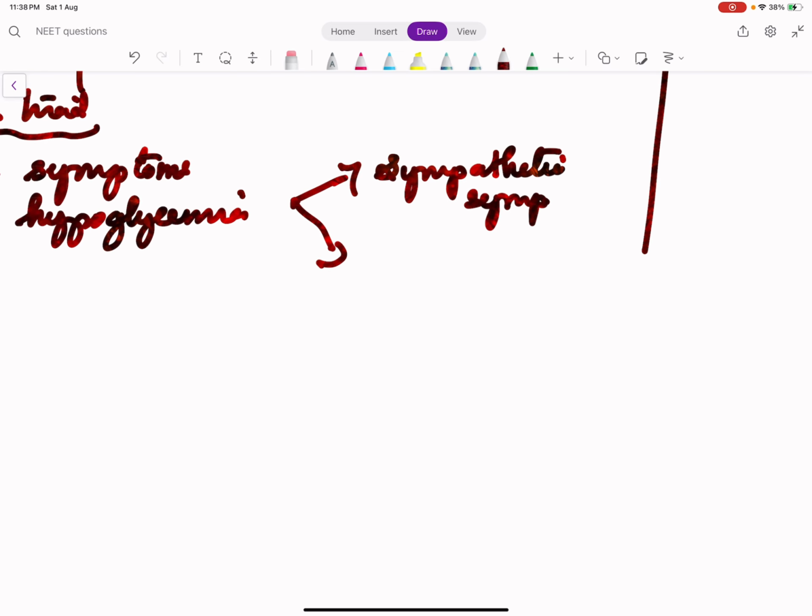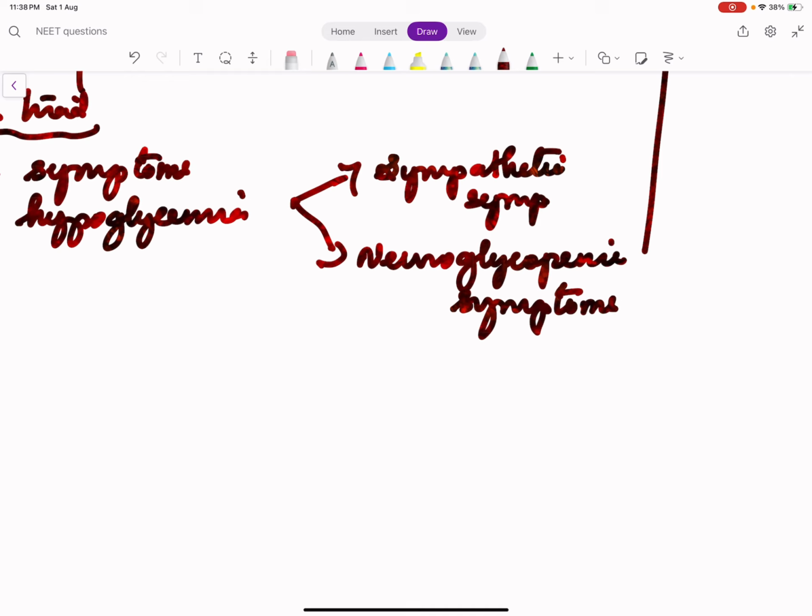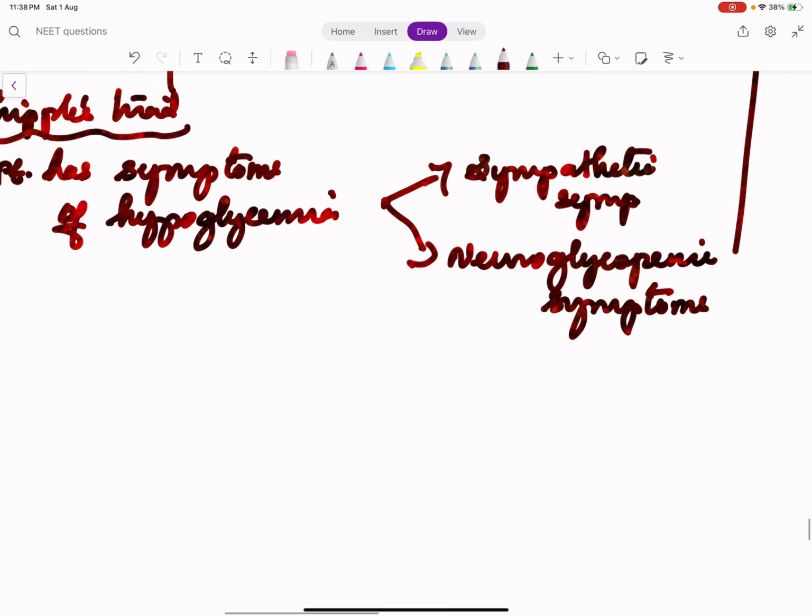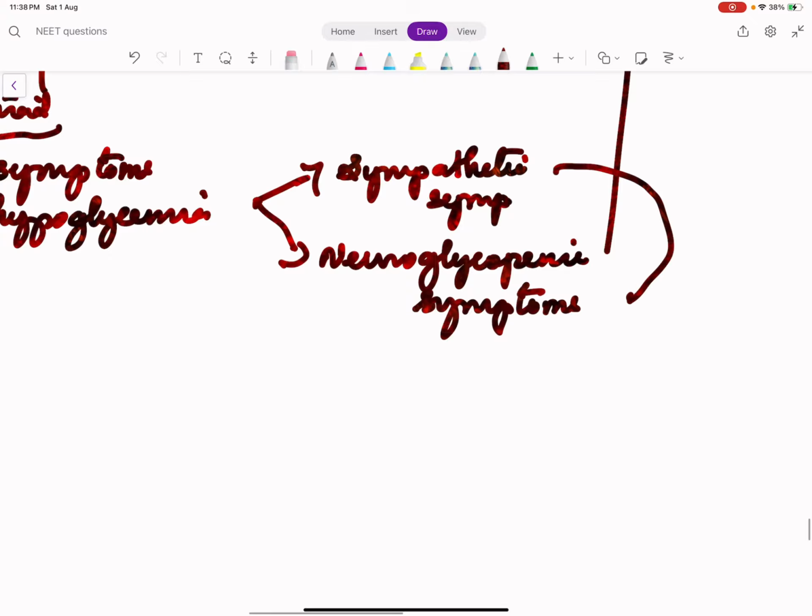All these are the sympathetic symptoms. They come earlier. Next come the neuroglycopenic symptoms. Neuroglycopenia is drowsiness, fatigue and coma. So sympathetic symptoms occur earlier, then come neuroglycopenic symptoms.